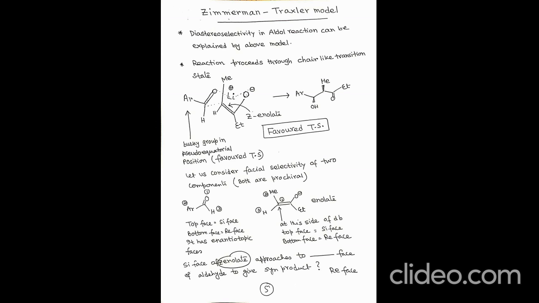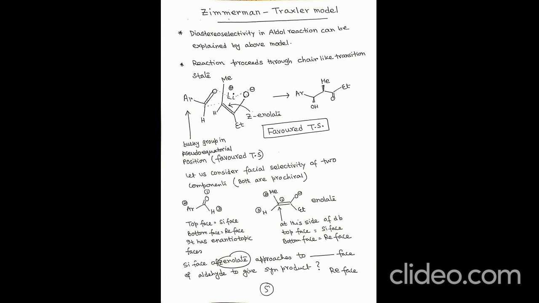Now we are going to solve that, when the Z enolate gives the syn as a major product and the E enolate gives the anti as a major product, in terms of re phase and psi phase of the prochiral carbonyl and the prochiral enolate: which phase is interacting with whom, so that we get the syn product from the Z enolate, and the E enolate gives rise to the anti-product.